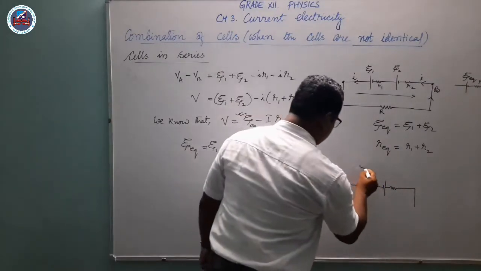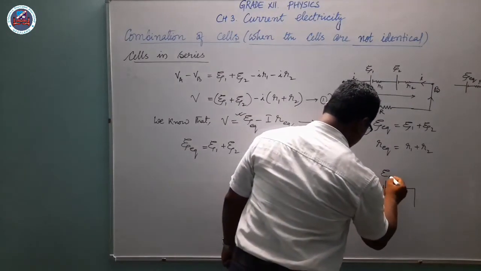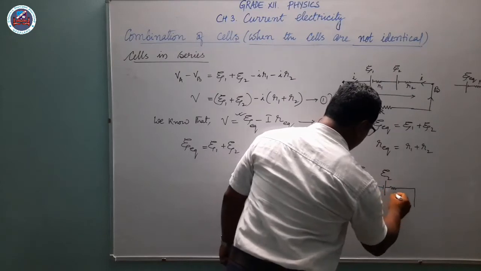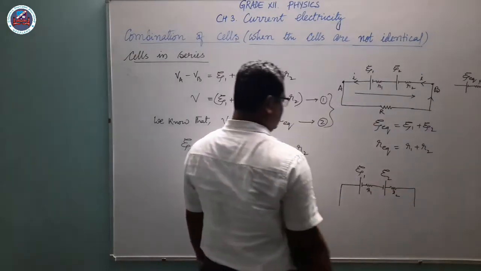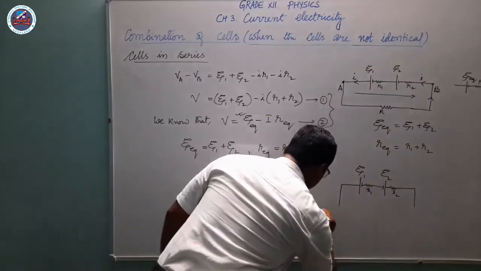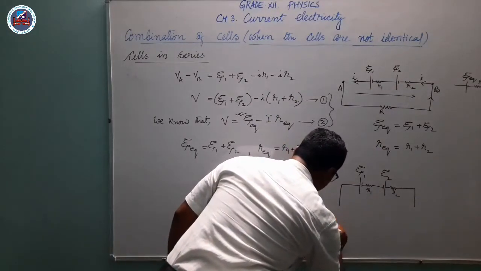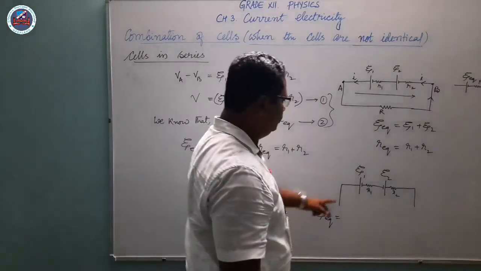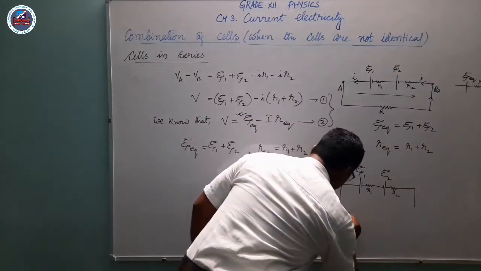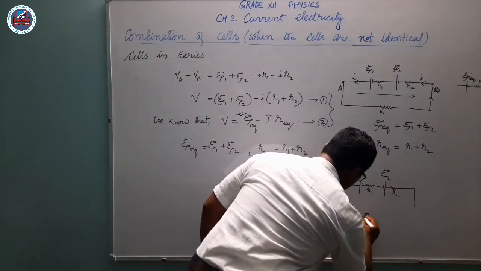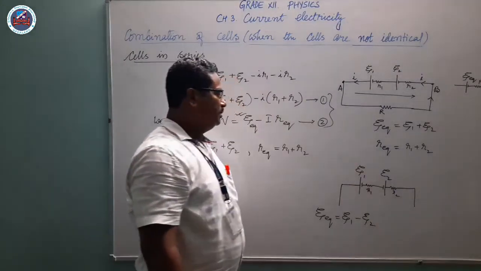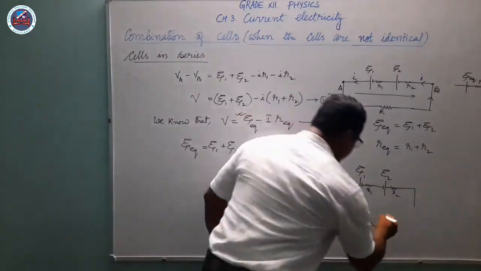Then suppose this is epsilon1, this is epsilon2, R1 and R2. In this case, the total equivalent EMF will be epsilon1 minus epsilon2. But you need to be careful here.